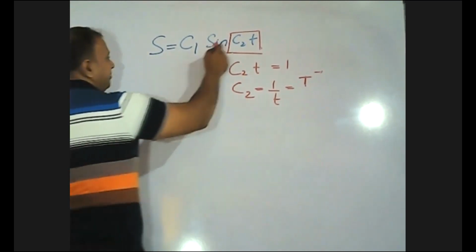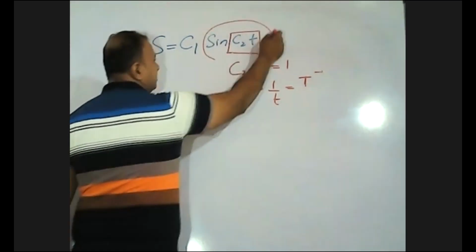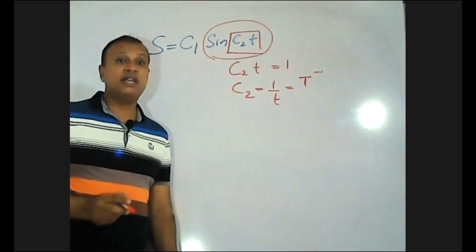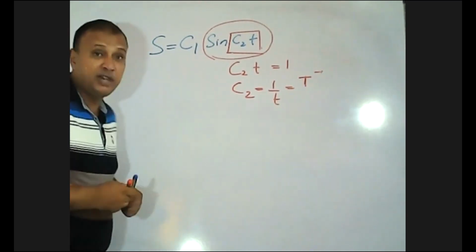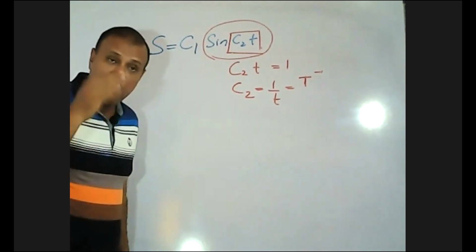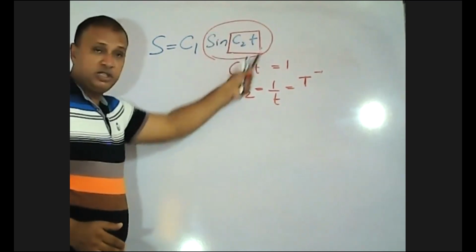Then the most important thing, this part is a sine ratio, a trigonometric ratio. A trigonometric ratio doesn't have a dimension. So this part doesn't have a dimension.